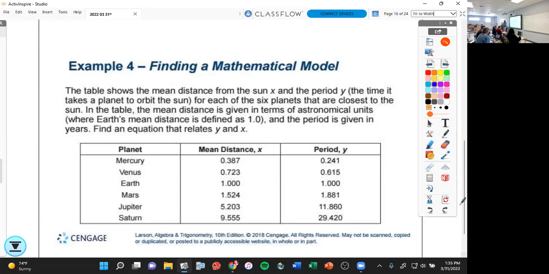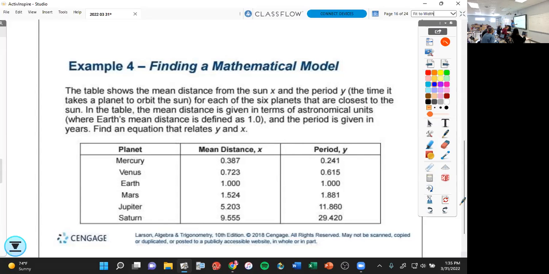So they're basically saying, we're not measuring in inches, we're measuring in sun to Earth units. Years, we're talking about 1 year for Earth versus how long it takes the other planets to go around the sun. Okay, so here's our data.